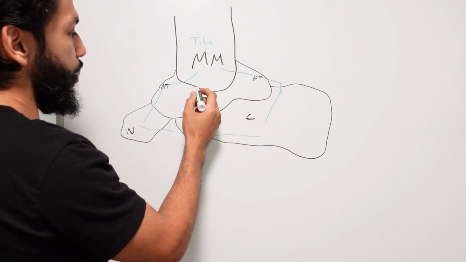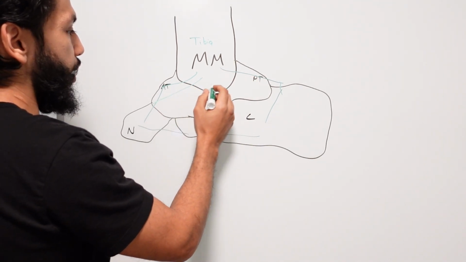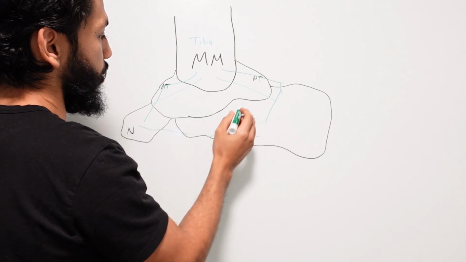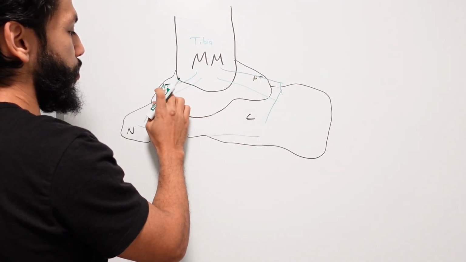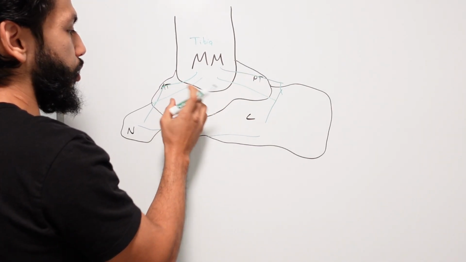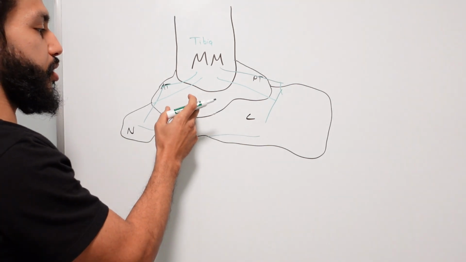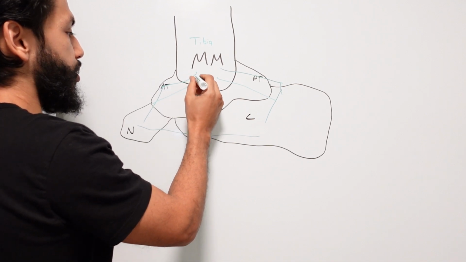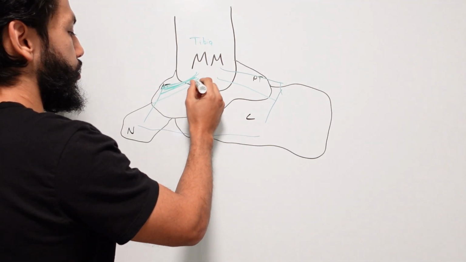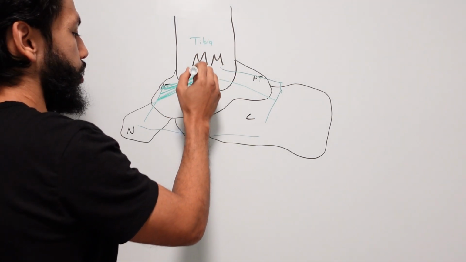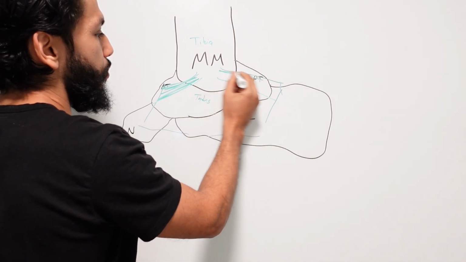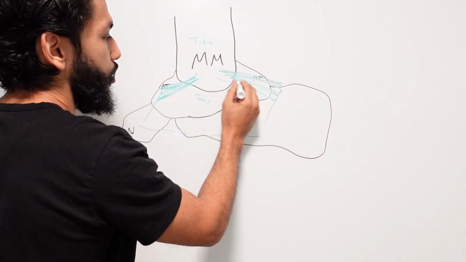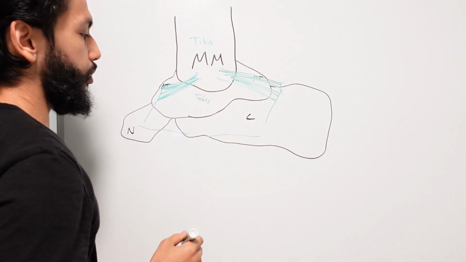There's going to be 2 of them, one which goes anteriorly and one of which goes posteriorly, that are attaching to this bone right here. So this is the first bone that is attaching directly to the tibia, which is the talus, right? So this right here is going to be our talus. So this is going to be the anterior tibio-talar ligament. This is going to be our posterior tibio-talar ligament, okay?